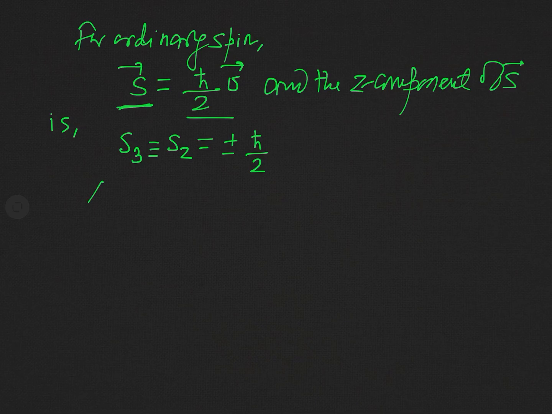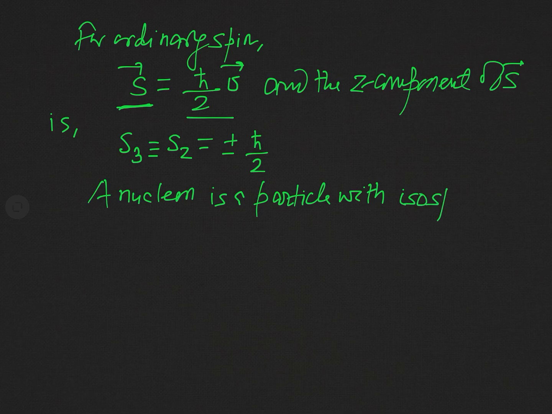So, a nucleon is a particle with isospin. This is denoted by the symbol T, and this is equal to 1 over 2 tau.